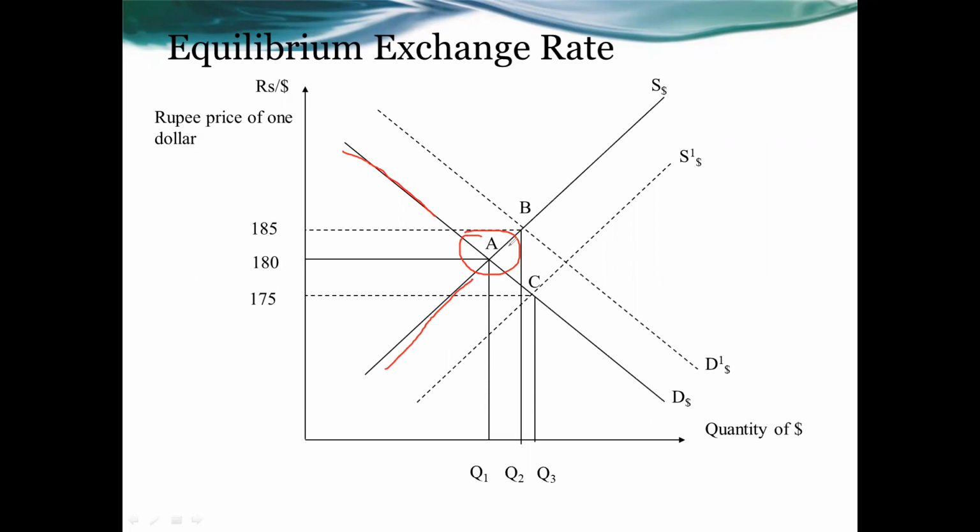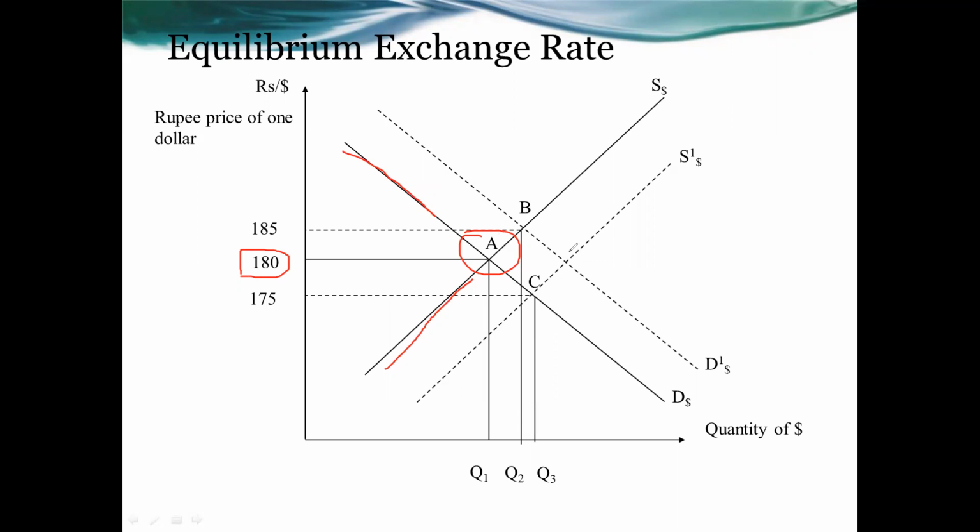At point A, it decides that 180 Sri Lankan rupees is exactly equal to 1 US dollar. So that is the equilibrium exchange rate. When the demand for US dollars equals the supply of US dollars, you get the equilibrium exchange rate between the Sri Lankan rupee and the US dollar.